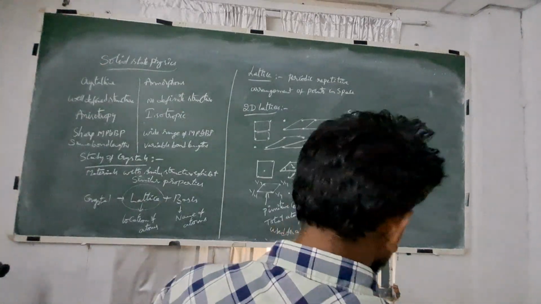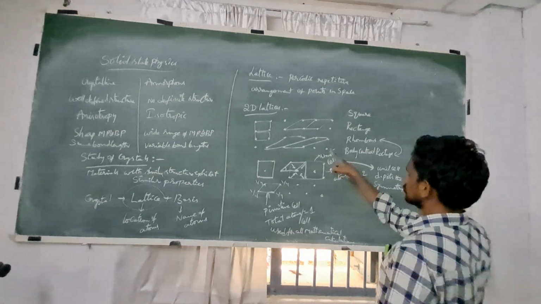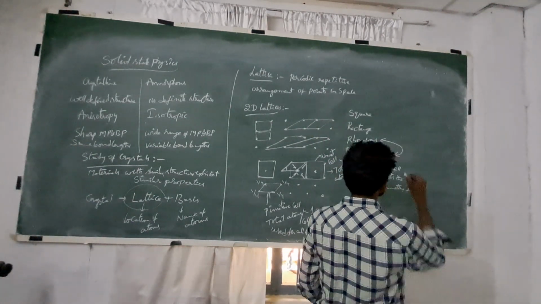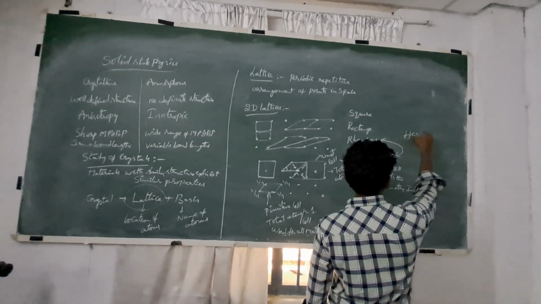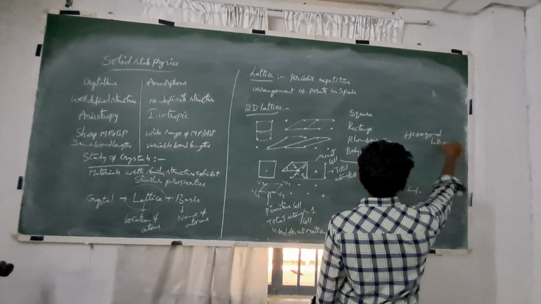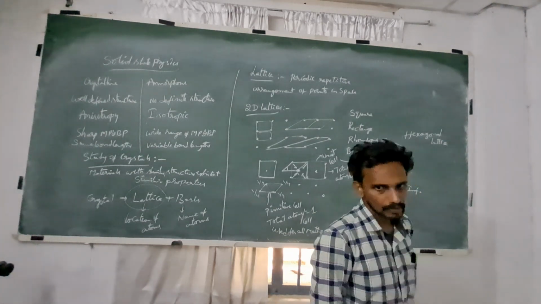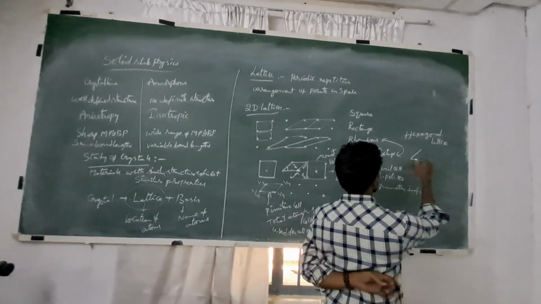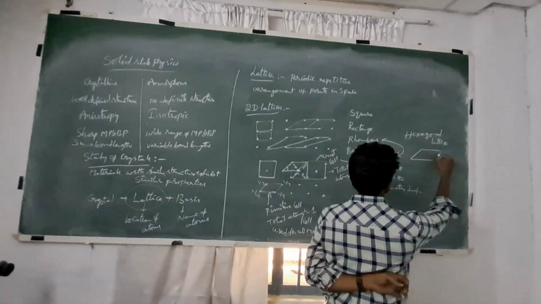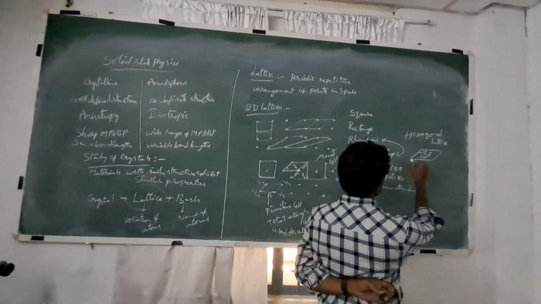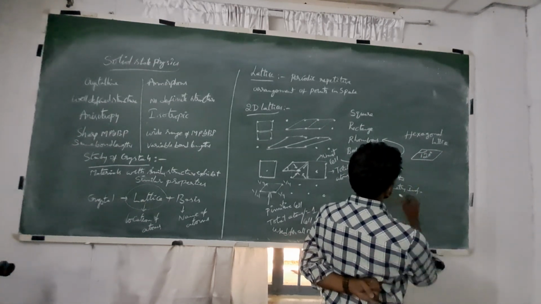One more special case in these rhombus type structures is the hexagon. Hexagonal lattice, where one of the angles is 120 degrees. So if we repeat this structure, we'll get a hexagon.